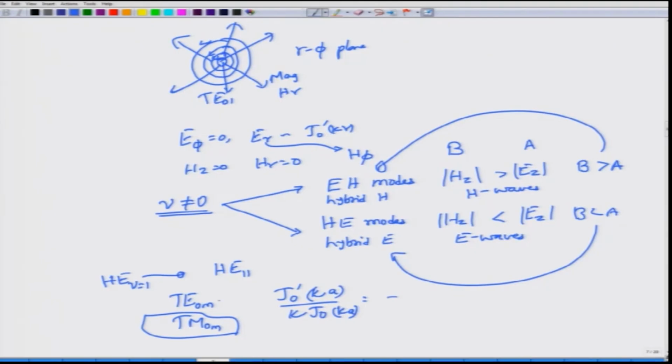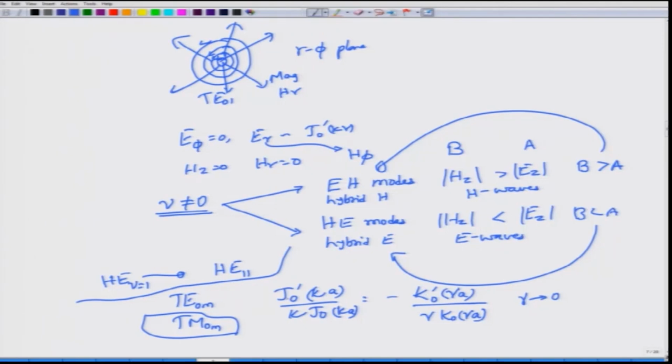So, for TE0M modes this must be equal to K0 prime gamma A divided by gamma K0 gamma A, and we know that this TE0M mode will experience a cutoff when gamma goes to 0. So, when gamma is 0, this means that this term here will be infinity on the right hand side.